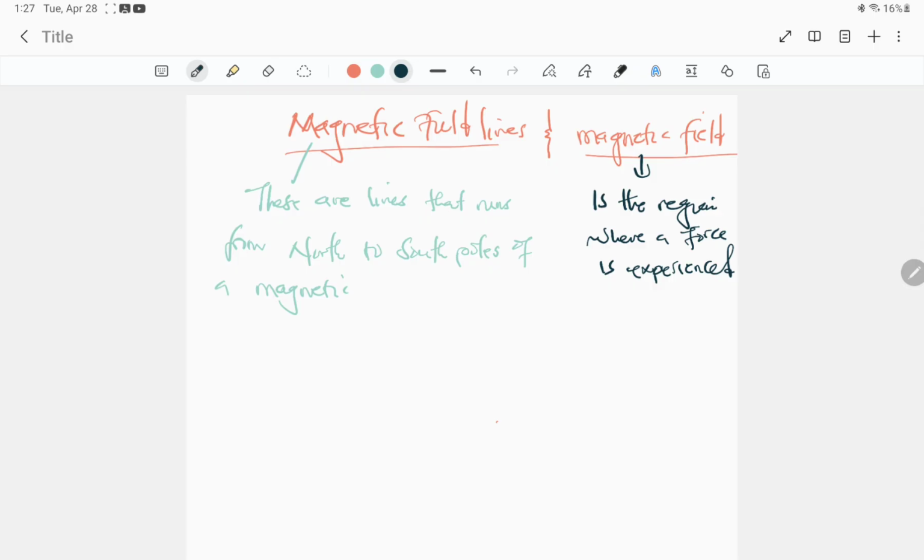So from here we'll look at the diagrams that will explain the statement. If you have a North Pole, you have a South Pole. Since magnetic field lines are lines that are moving from north to south, the movement will be in this way.